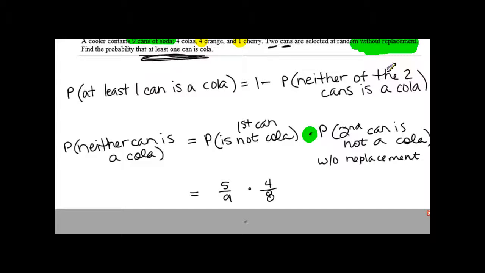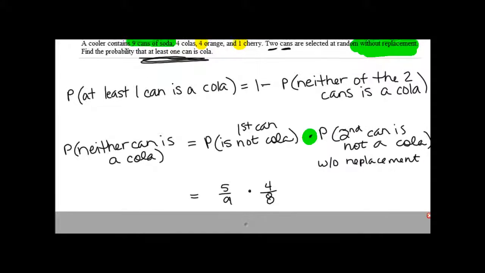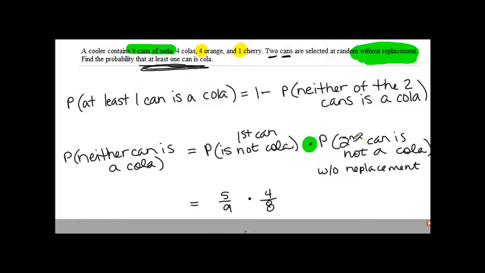So when we don't put it back into what we consider for the probability of the next event, then the probability the second can is not a cola would be, we consider that the first one that was selected was a success and it was not a cola. So we've taken out one of our sodas that is not a cola. So out of this 4, we've taken 1 away.